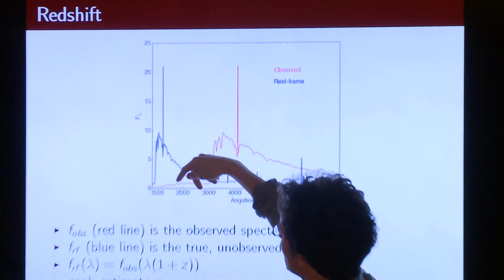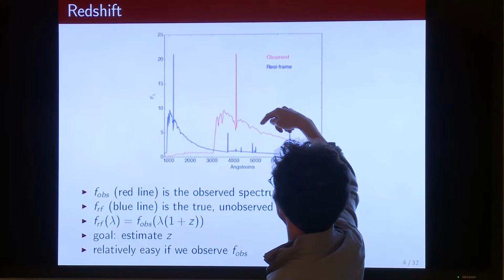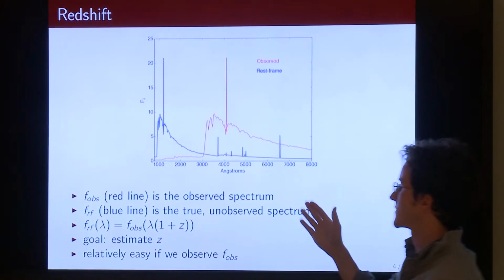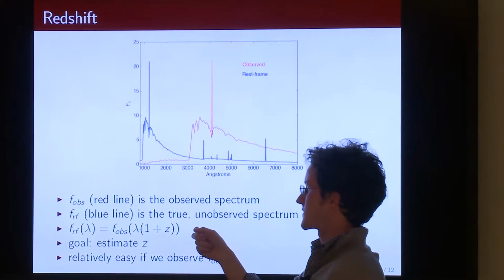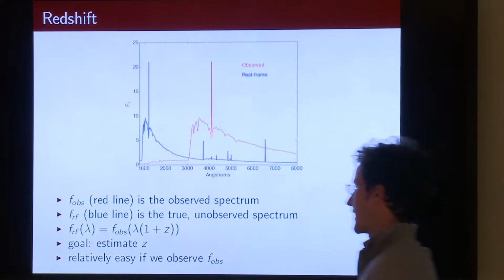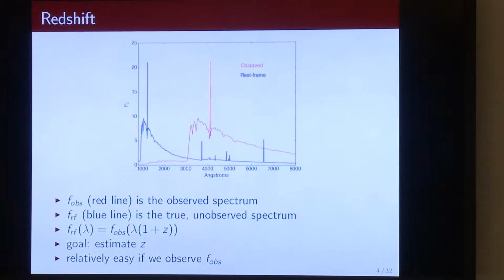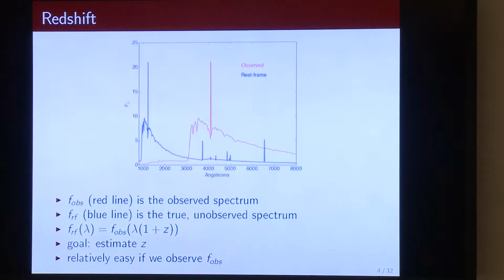So given data like this red curve, what we'd like to do is estimate Z, the redshift. Redshift is caused by the fact that an object may be moving away from us, and that's causing the wavelength of light to shift.